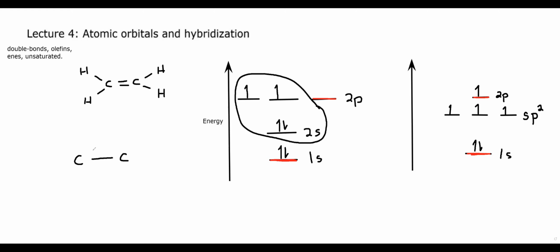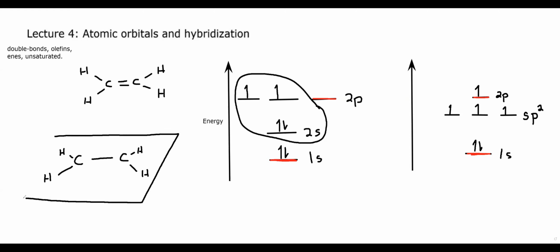So we have this C-C bond, and I'm going to draw this molecule in such a way that we can get an understanding of how it looks. Ethylene is a flat molecule. You can envision this as resting on a table or a piece of paper.